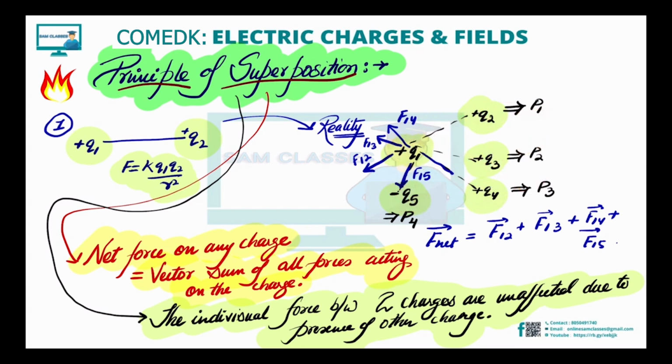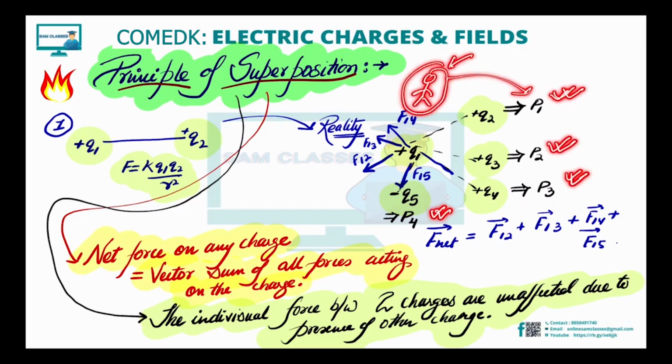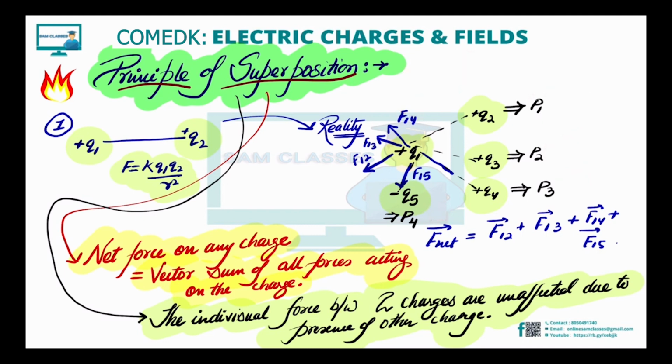In the same way, the total problem a person is facing is the addition of the first, second, third, and fourth problems. But a problem is not a vector quantity, so we don't do vector addition there, whereas the forces here are vectors, so we do vector addition of those.